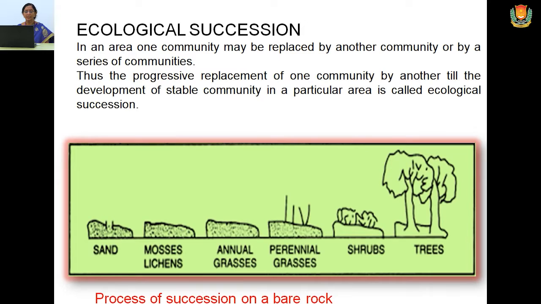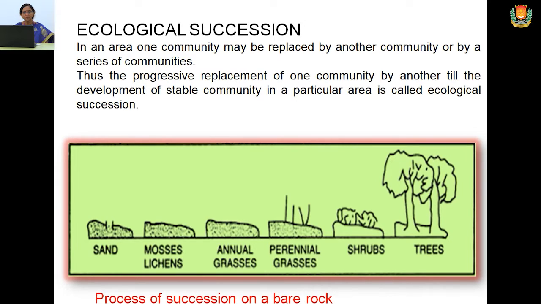One is hydrarch or hydrosere, where establishment starts in ponds or lakes. Then there is another type of primary succession, xerarch or xerosere, where establishment starts in a dry area like desert and rock, as we showed in the example in the slide.